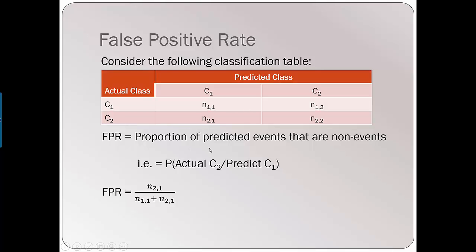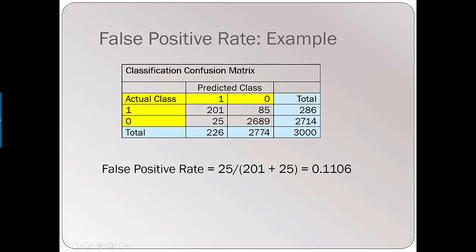So actual C sub 2 within those predicted as C sub 1. This is also a conditional probability. The sum of the predicted C sub 1 is in the denominator, and those that are actually C sub 2 go in the numerator. This is your false positive rate. Here is the example: 25 divided by 226 will give you the false positive rate.